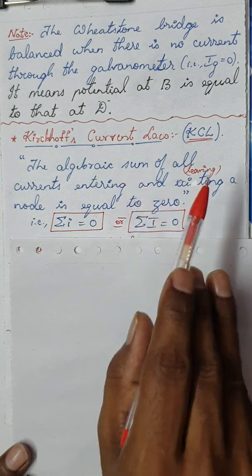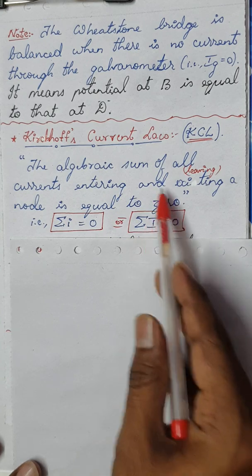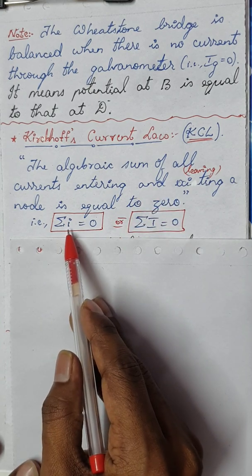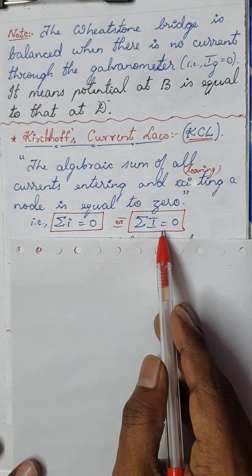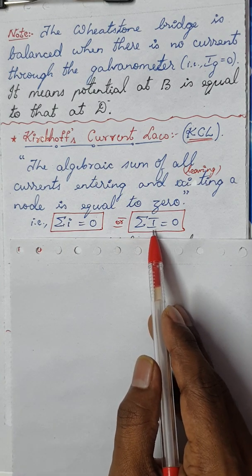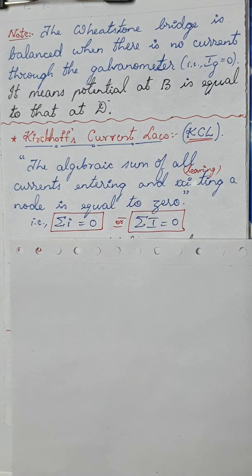Exiting means leaving, going out. Entering means coming in, and exiting means going out. So how to remember? Very simple. KCL means sigma I is equal to 0. Sigma means the summation of all the currents is equal to 0. Some textbooks take small i, but generally we consider capital I, because current we consider as capital I. So the sum of all the currents entering and exiting a node, we take it as 0. This is what KCL states.